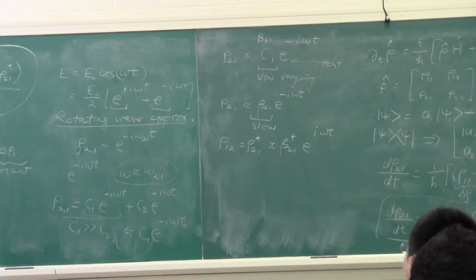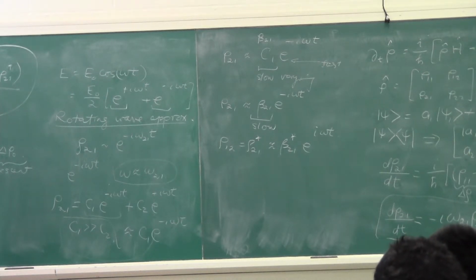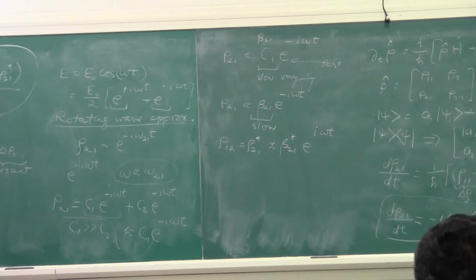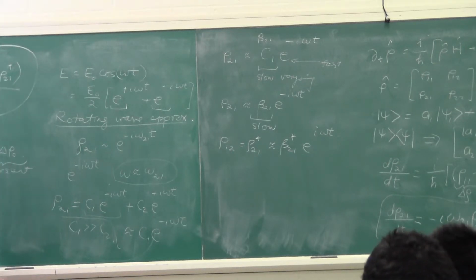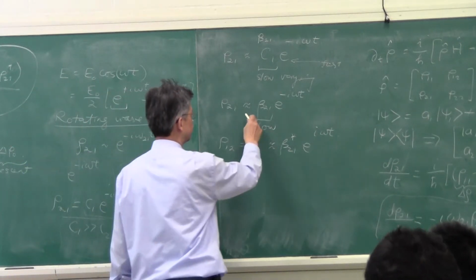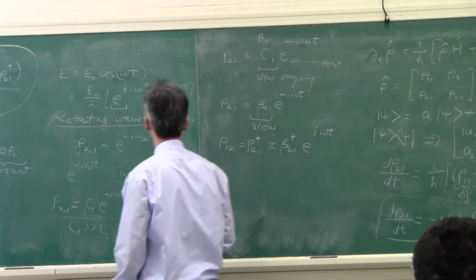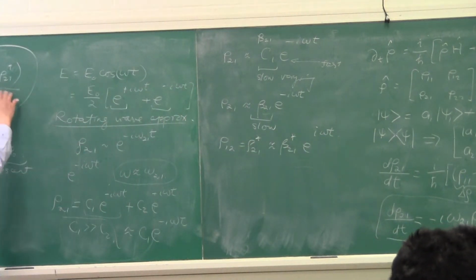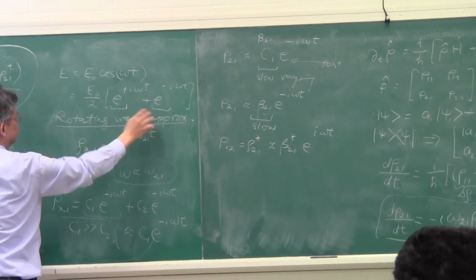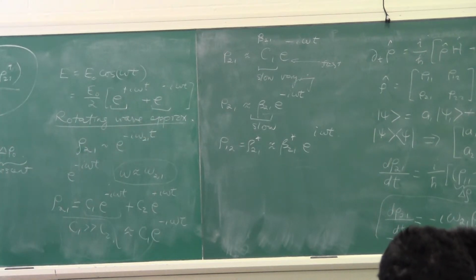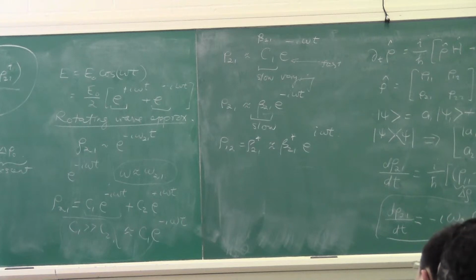You will pick up something as you substitute this back in, because this one has two terms over there. When you multiply these two terms out, it has two terms of a different frequency. But when you multiply this out with that, you're only going to pick up the slowly varying term.